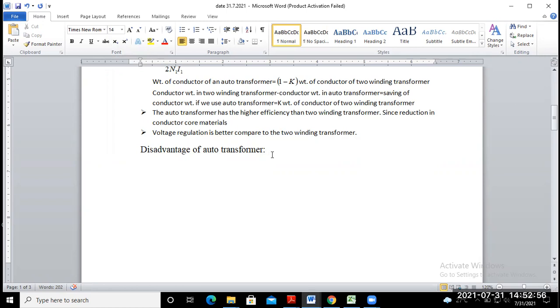If K is far away from unity, then the economic advantage of the auto transformer over the two-winding transformer decreases, since the conductor material saved is less. So the first disadvantage is that you should try to maintain this transformation ratio near unity.